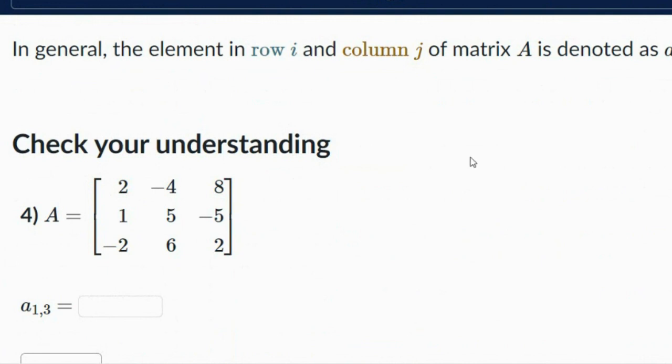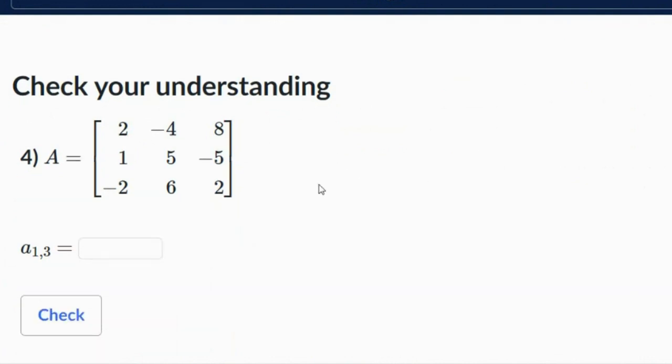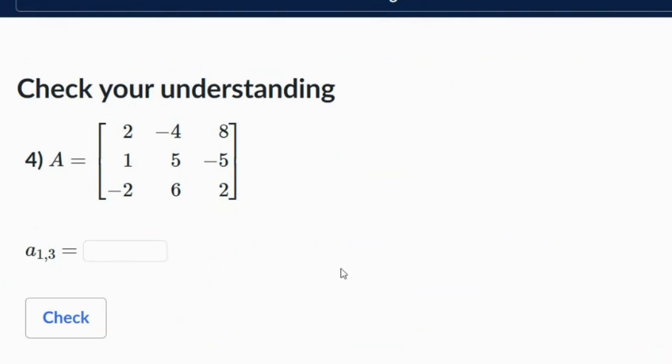All right, let's check our understanding again. If we have this matrix A, and we want to know A13, which element is A13? I see a few people saying 8. A13 would be first row, rows go left to right, third column.